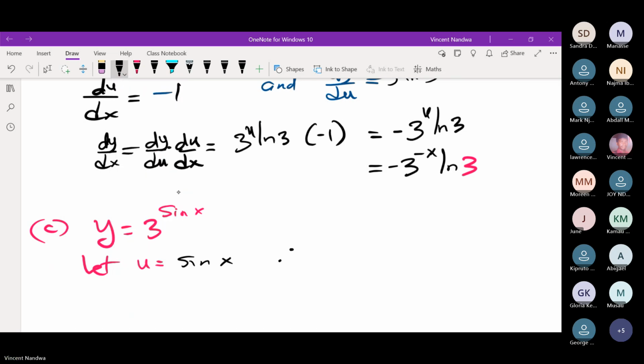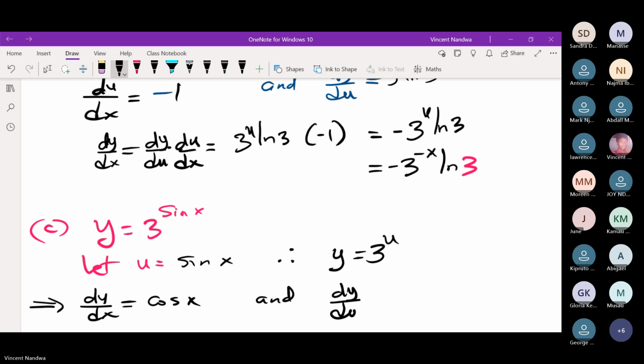So by doing that, y will be 3 power u, correct. So du dx is cos x, and dy du is 3 power u ln of 3, correct.